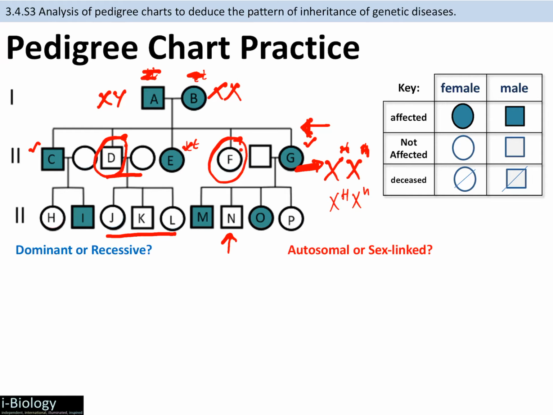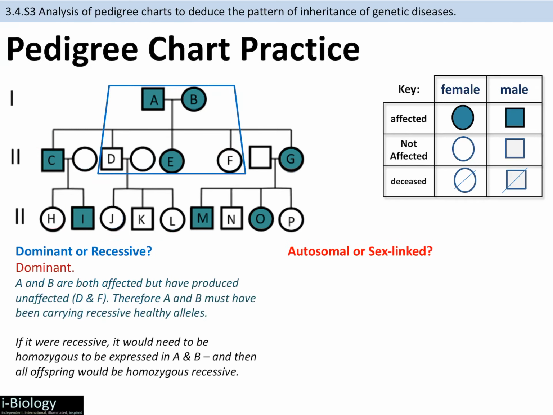All right. Father is affected. If it is dominant, father is definitely having this and this. If father is affected and it is sex linked, then this daughter should be affected. But this daughter is not affected, it means it is autosomal. So there are multiple ways.